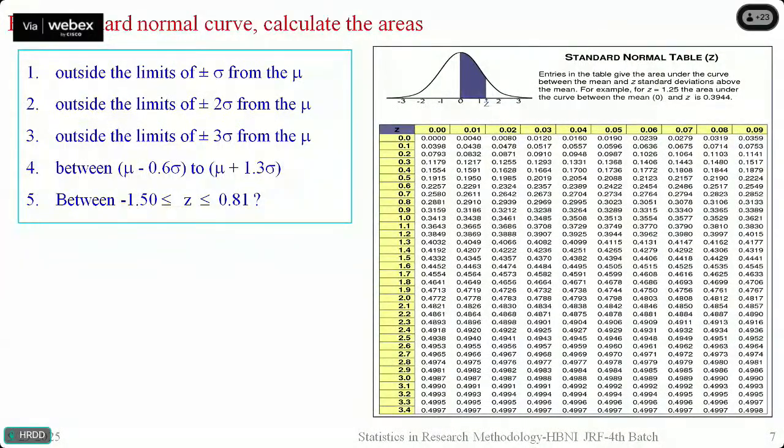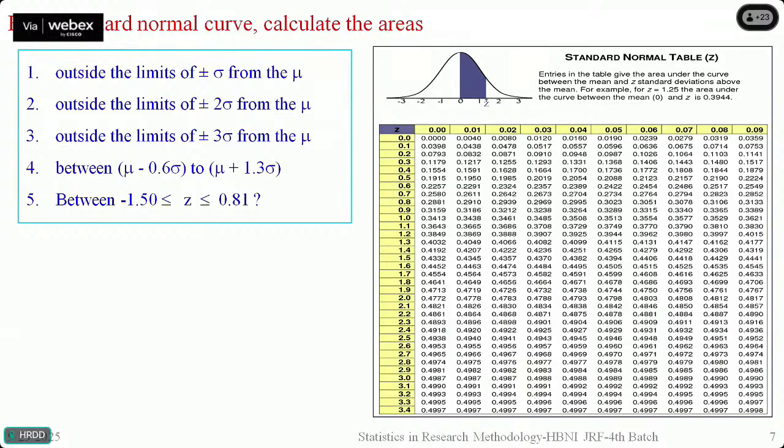Now we have to come to the point where the Z value corresponds to 1.25. When you read through the leftmost column, Z has only one decimal place, up to 1.2. Once you have reached that portion, we go ahead like what we do in the logarithmic table. Logarithmic tables are also read like this.